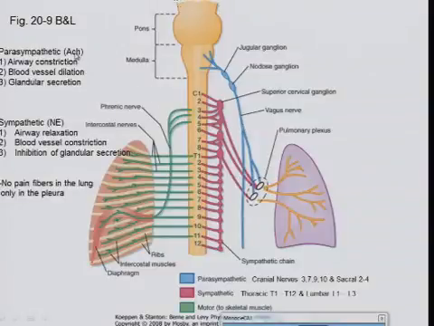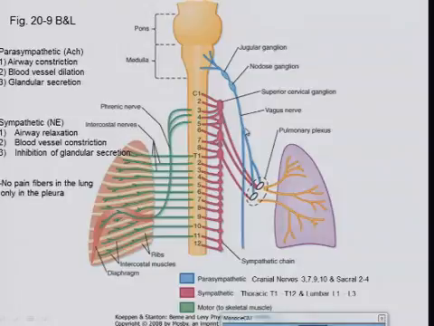The parasympathetic system uses a neurotransmitter of acetylcholine, and primarily it causes airway constriction, blood vessel dilation, and glandular secretion.